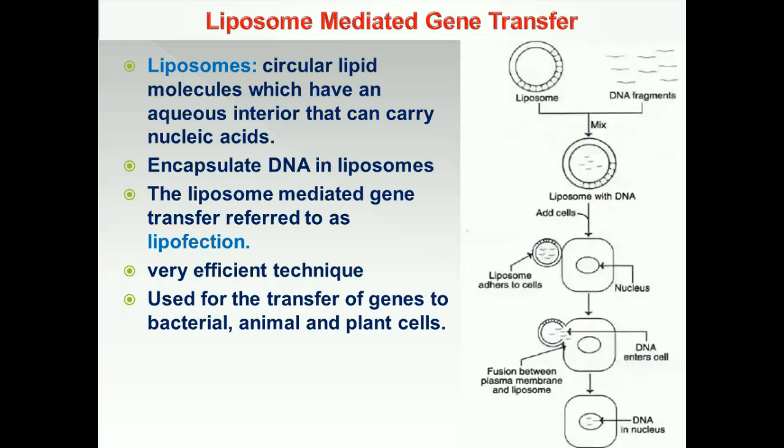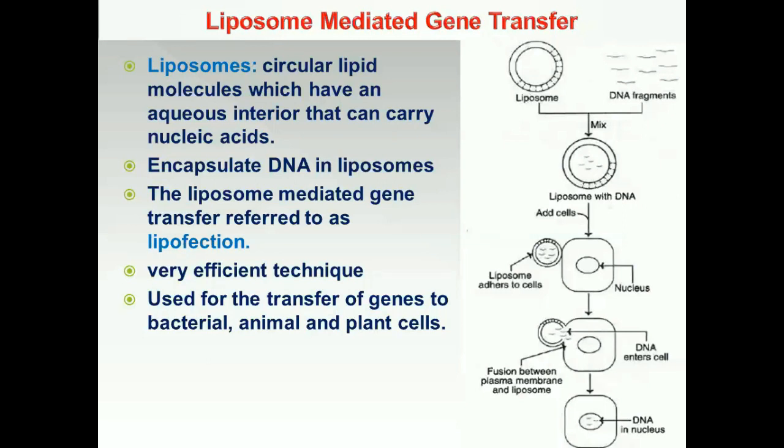Now what happens in lipofection? You can see the liposome is there and the DNA fragments are there. The liposome encapsulates this DNA fragment. Further, on addition of the cell, this liposome fuses or adheres to the bacterial cell, or the cell where we have to transfer this DNA fragment, right?